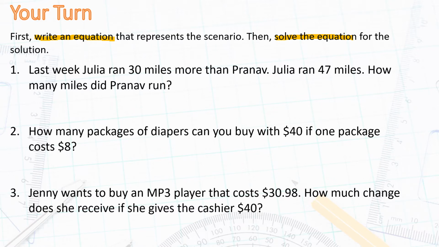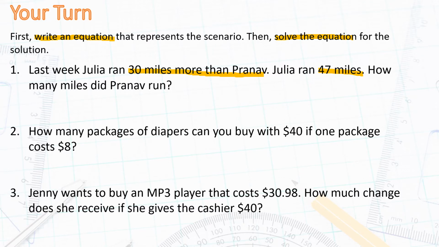All right, in the first one, we've got Julia ran 30 miles more than Pranav. Julia ran 47 miles. How many miles did Pranav run? So Julia ran 30 more than Pranav. Julia ran 47 miles. How many did Pranav run? So the key numbers here are 30 more than Pranav, and then Julia ran 47.